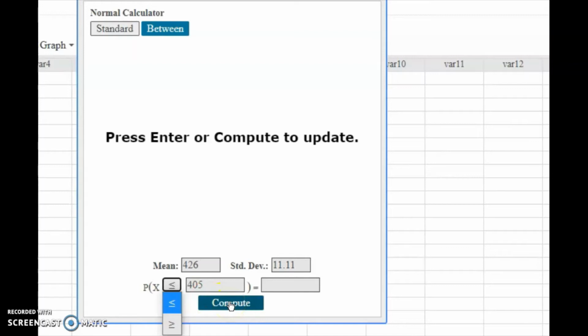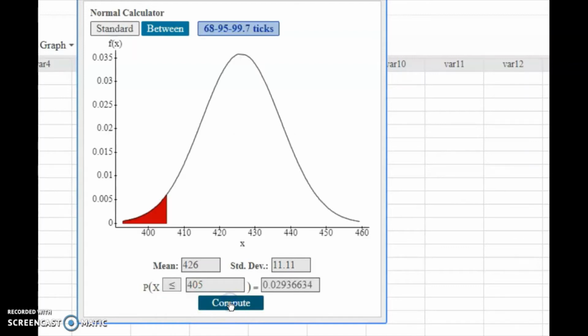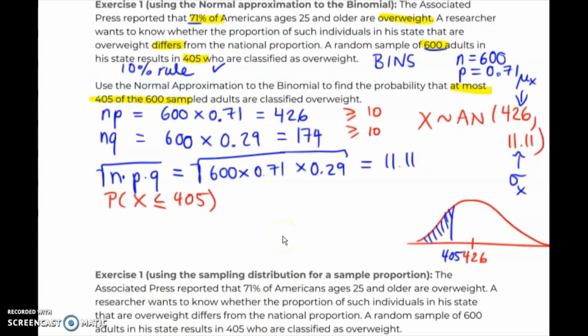If we wanted to do the continuity correction, we would just make it 405.5. However, remember, we're no longer going to look at that going forward. That was just in that last section, and only really when you're asked to do it or maybe for extra credit. Our probability over here is 0.0294, which is a pretty low probability.